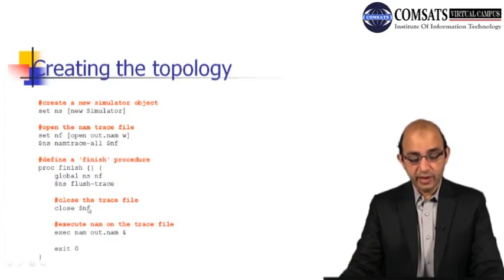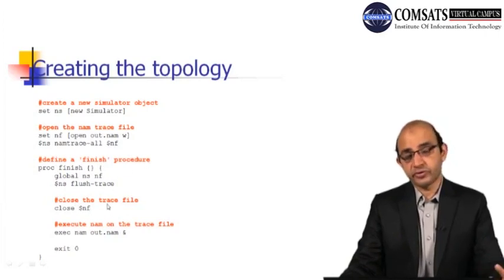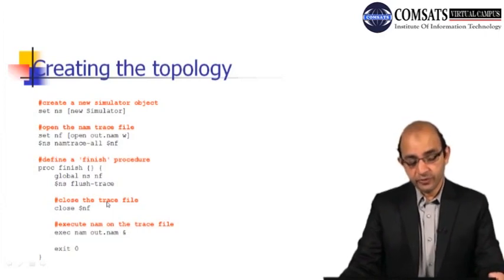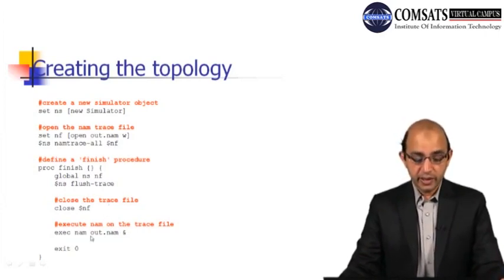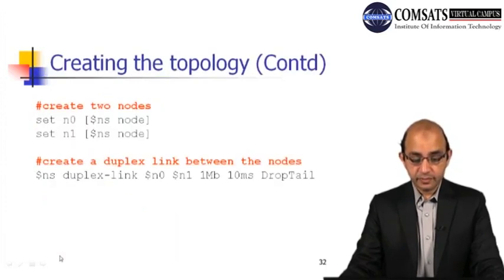We have to finish here and close the trace file. Of course, after opening the file we have to formally close the trace file, and then finally we execute the nam file, exec nam out.nam, which initiates the NAM player, and then we exit.